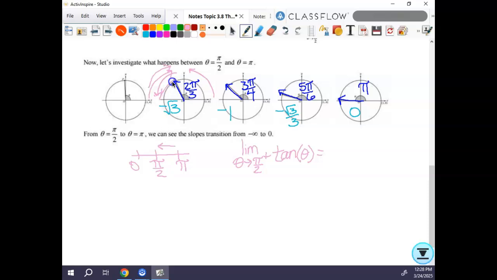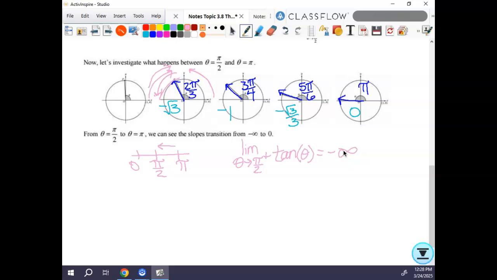I'm getting more and more negative. So I'm approaching negative infinity. Okay, and I'm going to make all that make a little bit more sense in just a minute. Okay, questions at this point, though? You understand where all this is coming from at this point? And then I'll put it all together in a second. Okay.